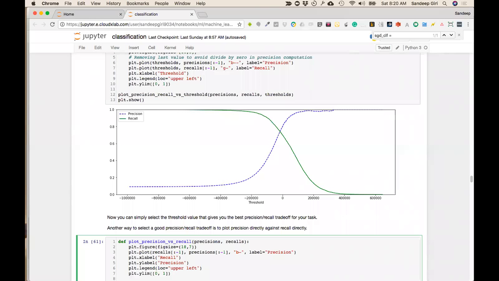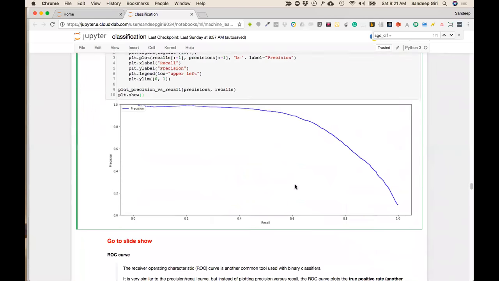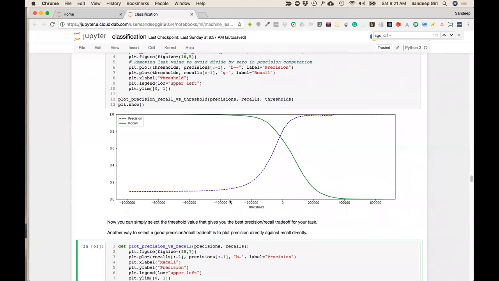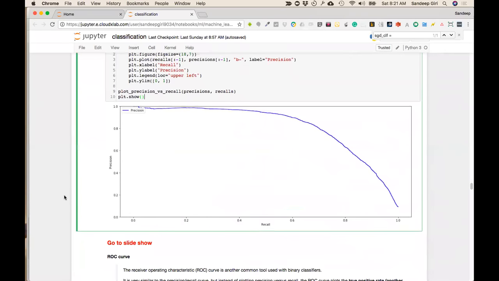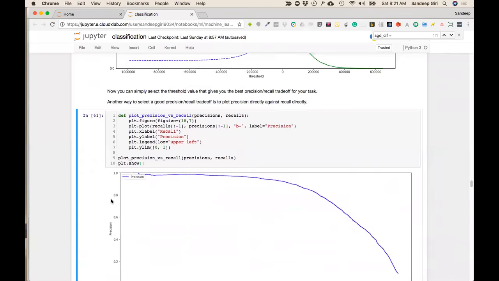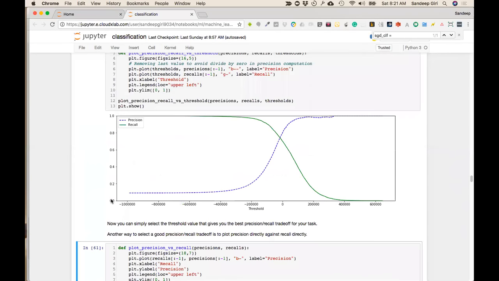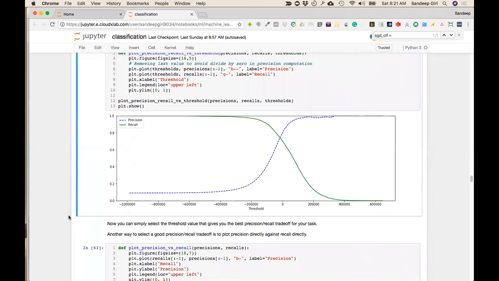The question is, by looking at this graph, can we say that it has overfit? If something has overfit, let's say this, what would happen if something is overfitting?